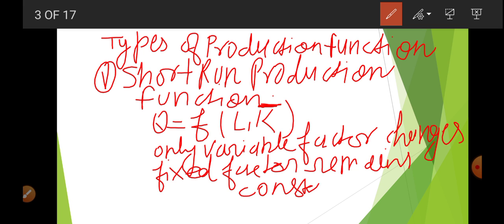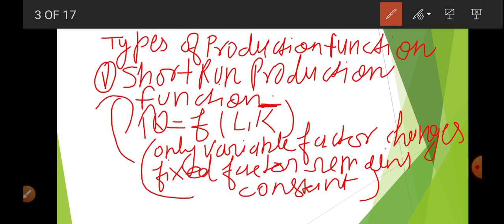When we find this condition, it is known as a short run production function. We know production is the result of two types of input, fixed input and variable input. If we are only making the change in variable factors to increase production, this is known as a short run production function. All the inputs are not variable; we can only make the change in the variable factor.